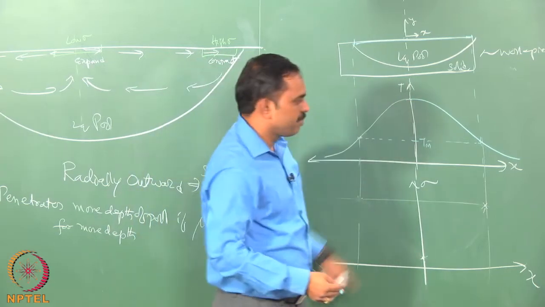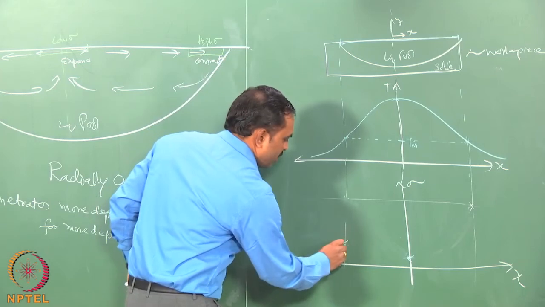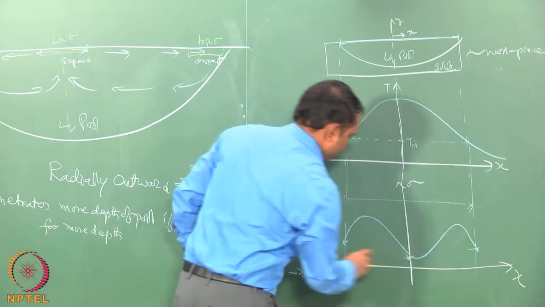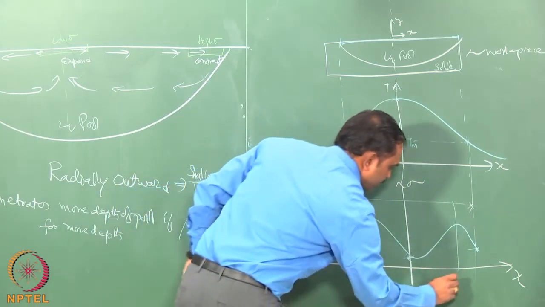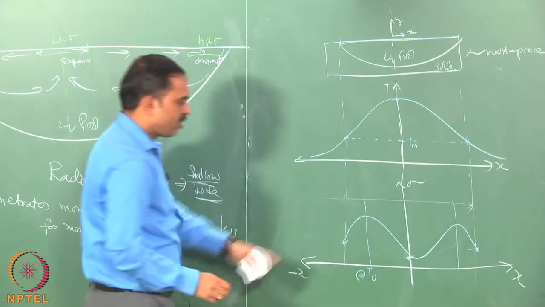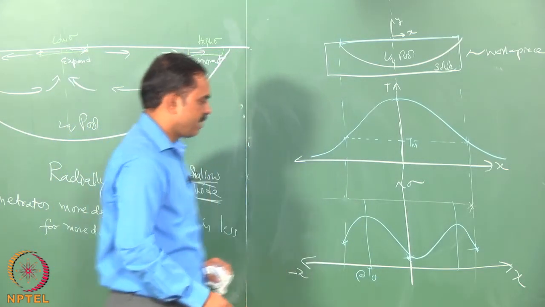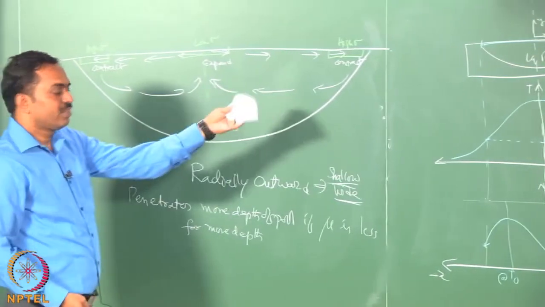You can see that at high temperatures it is still low, and at low temperatures again it is low, but at T naught, the distance corresponding to T naught is where the surface tension is maximum, and so on. So, this kind of variation would immediately change the way the fluid flow is happening.